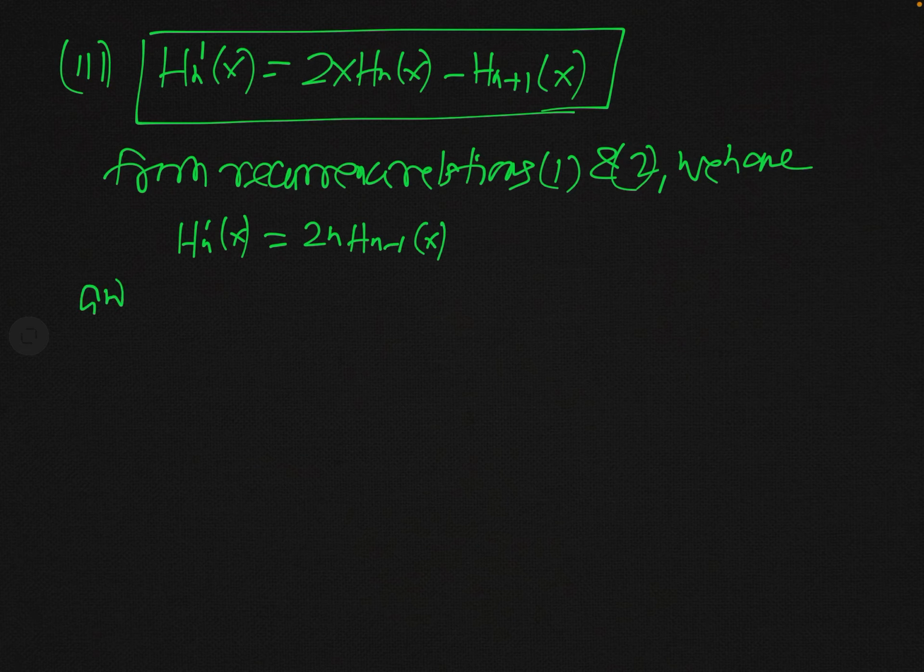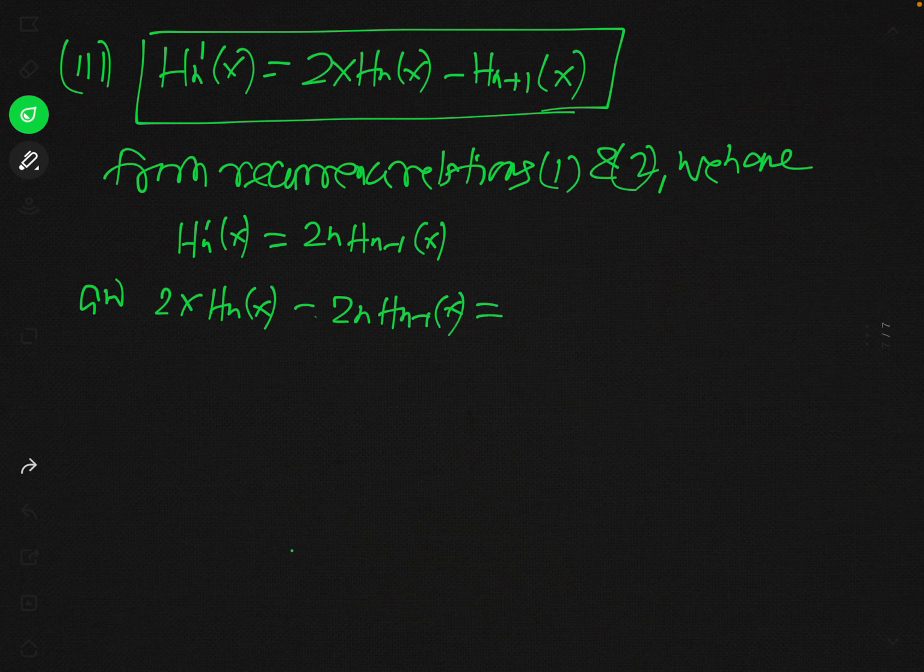And according to the second recurrence relation, you can see that 2x times Hn of x is equal to, not equal to, but minus 2n Hn minus 1 of x, and this is equal to Hn plus 1 of x.